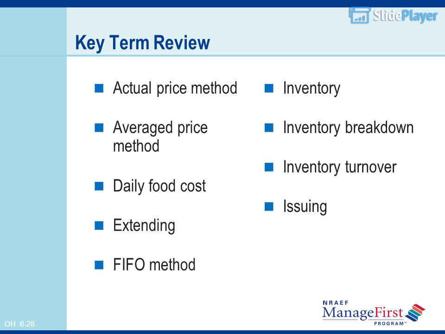Inventory: itemized list of goods and products, their on-hand quantity, and their total dollar value. Inventory breakdown: method of categorizing an operation's food and supplies. Inventory turnover: measure of how frequently the total value of stored items has been turned, replaced, during a specific accounting period. Issuing: removing food or beverage products from storage.